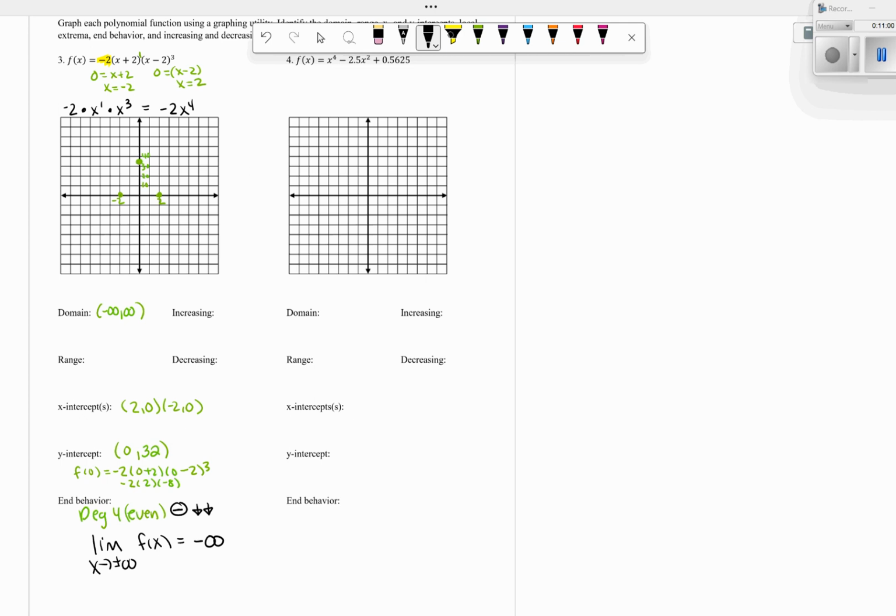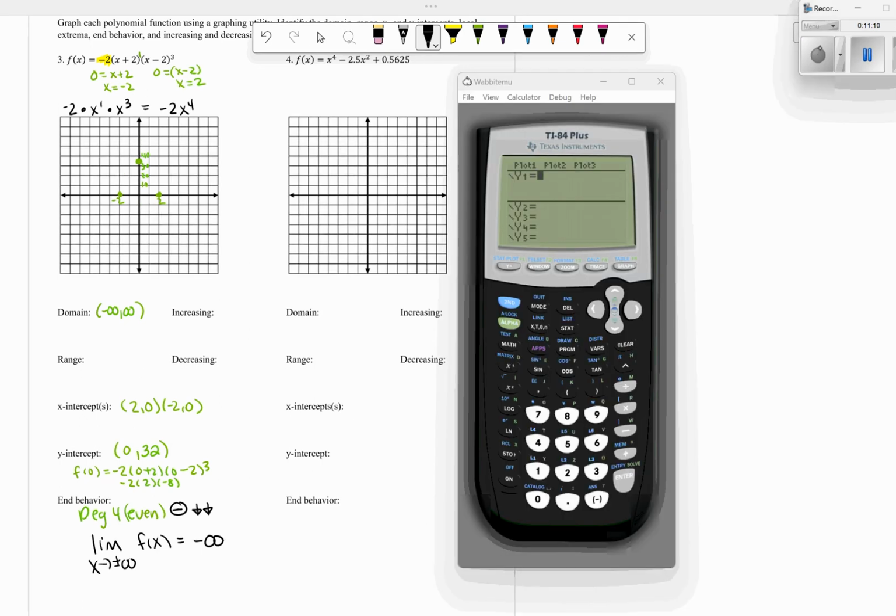So for this, if we go ahead and put this in our graphing calculator, so let me get my calculator. So in my calculator, I'm going to plug this into my y equals, so -2 times x plus 2 to the first power and x minus 2.